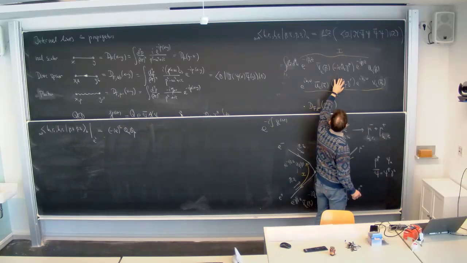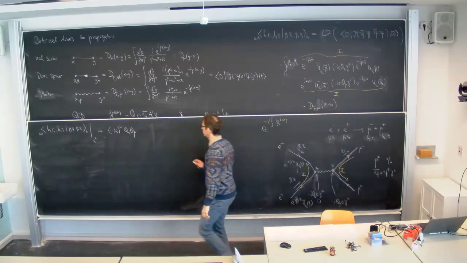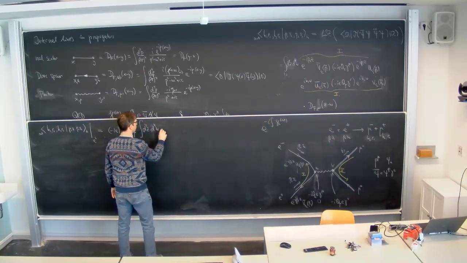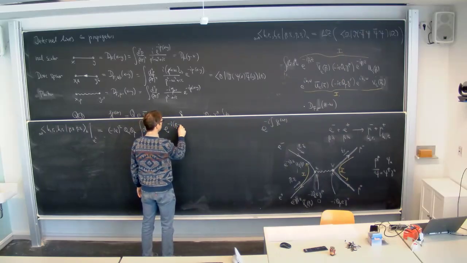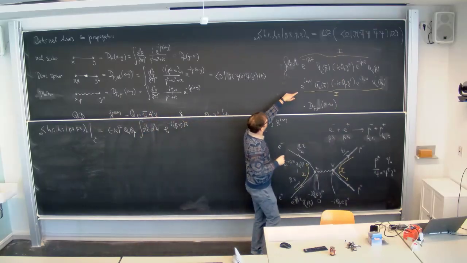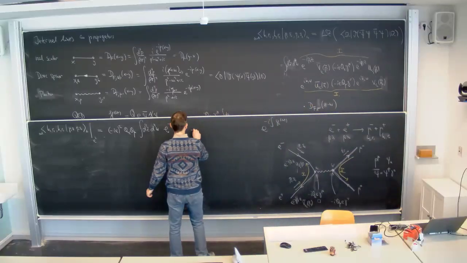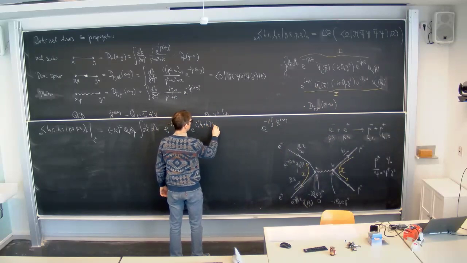And then what else do we get? Let's write down all the exponentials first. e to the minus i (x1 plus x2) times Q. It's coming from there and there, and then e to the i (k1 plus k2) w.